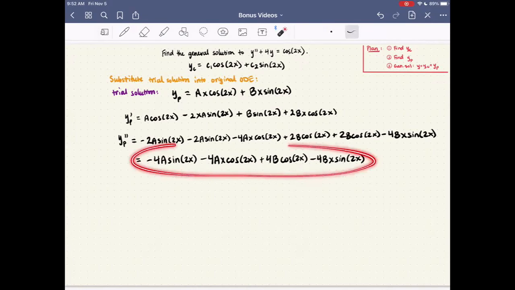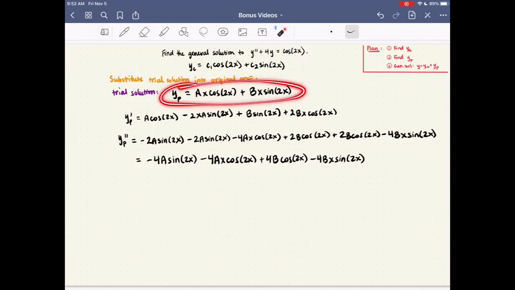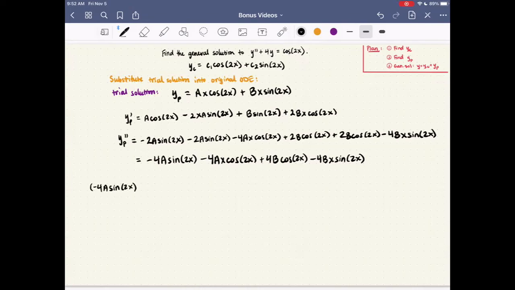So this whole thing is y double prime. That's what I'm going to write down first. And then I want to add 4 times y. So I'm going to write down y double prime, negative 4a sine 2x minus 4ax cosine 2x plus 4b cosine 2x minus 4bx sine 2x.